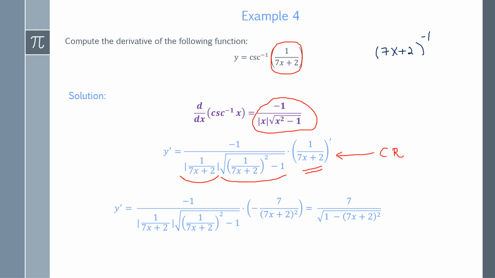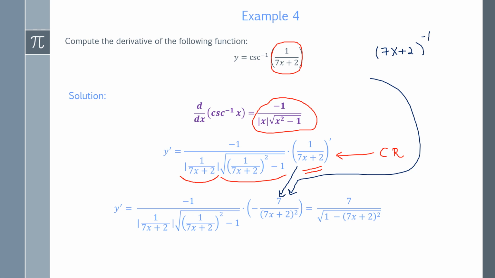And if I were to differentiate that, that will give me this expression right here. How so? So negative 1 comes down, and then the power becomes negative 2, and also times the derivative of the inside by chain rule. So the derivative of 7x plus 2 is 7. So that's where this expression comes from.